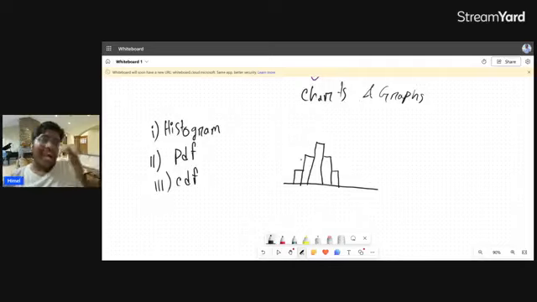When I draw a curve from here, something like this, this is the curve over the histogram.